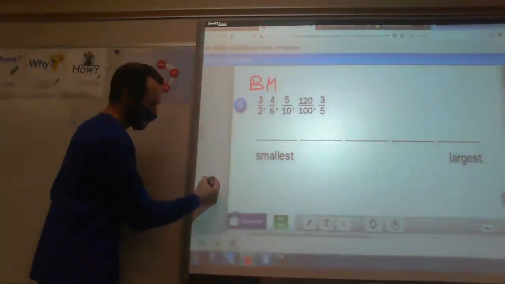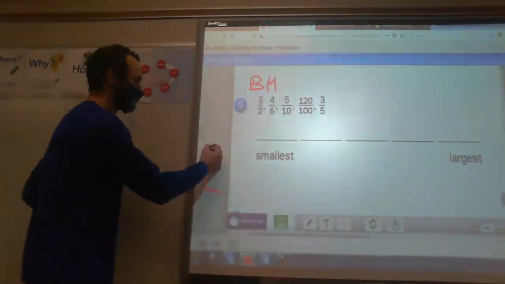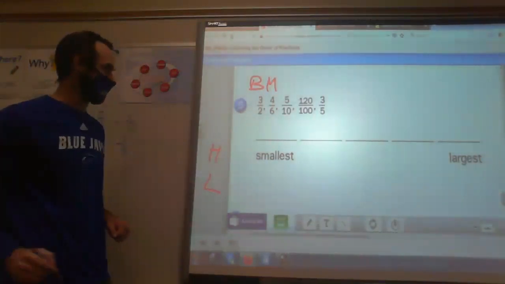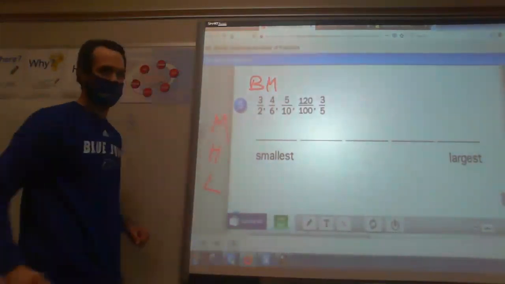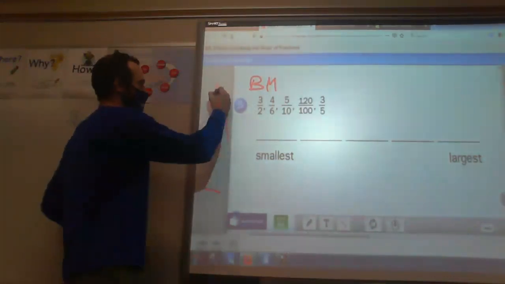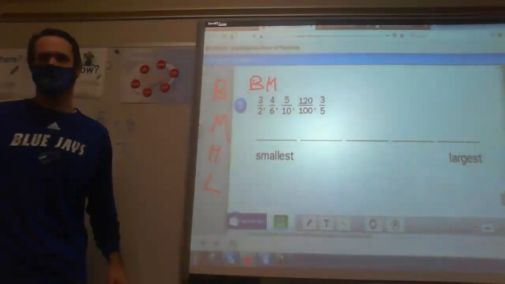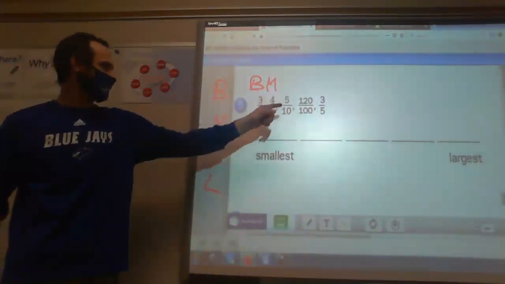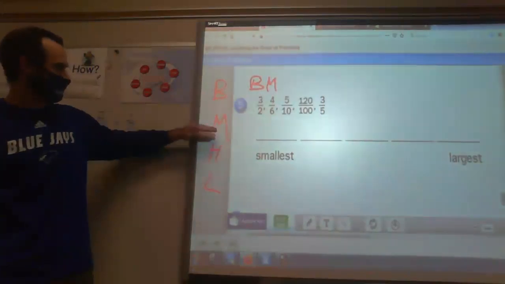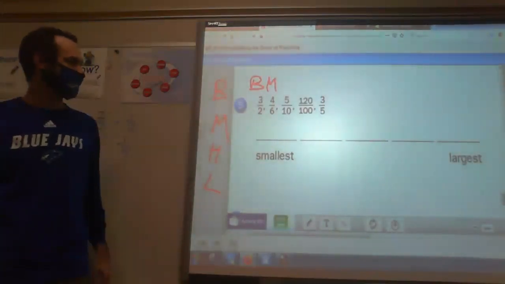So in our scale, L, less than half, is the smallest. H is exactly half. M, more, is bigger than half. And B means it's bigger than 1. It's just a way to keep this organized. You understand that? 5/10. Is it an L, an H, an M, or a B?